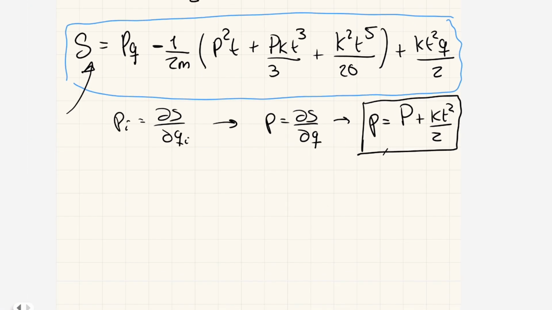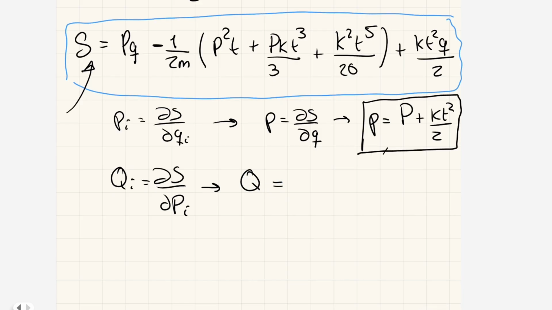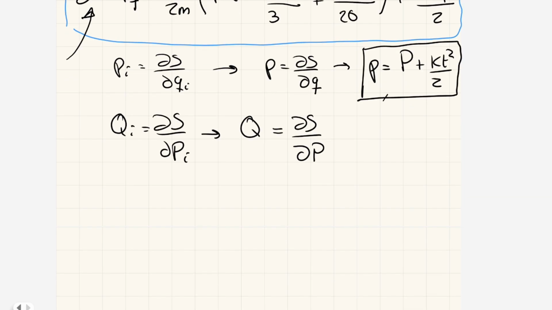And if we use the second equation for this generating function S, which is Qi equals the partial of S with respect to upper Pi, this means that upper Q is equal to the partial of S with respect to P. So what are we going to get if we do that?